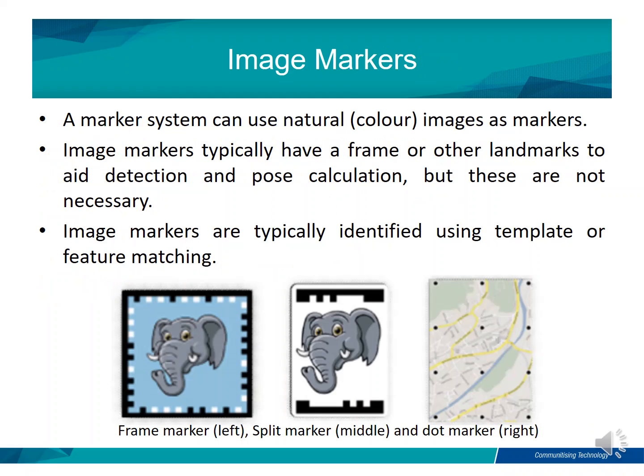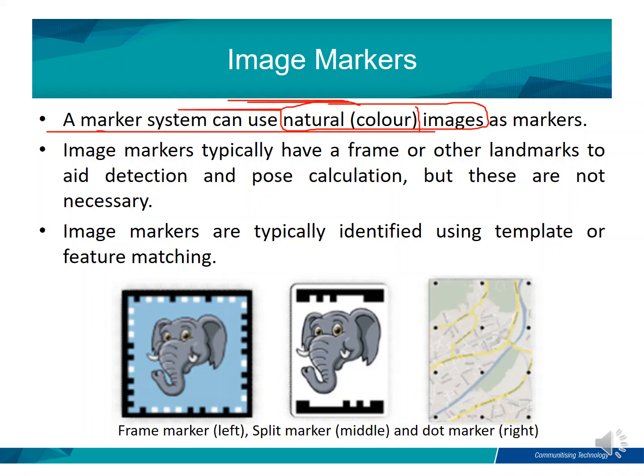Image markers. What are image markers? Like I showed you previously, the example I showed is basically just a black and white marker. But a marker system can use a natural color or natural image as a marker, it can use colored markers, not only black and white.